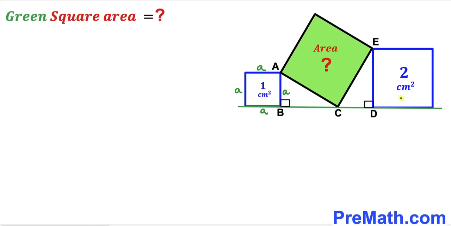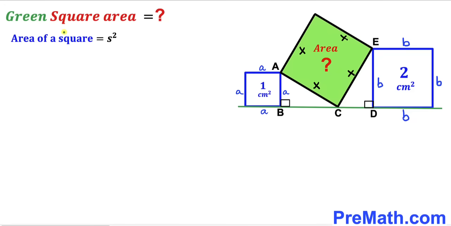Likewise, if I label this larger blue square length as lowercase b, then this side length is going to be lowercase b across the board. And likewise, let's focus on this green shaded square. I'm going to label this side length as lowercase x, then this is going to be lowercase x across the board.